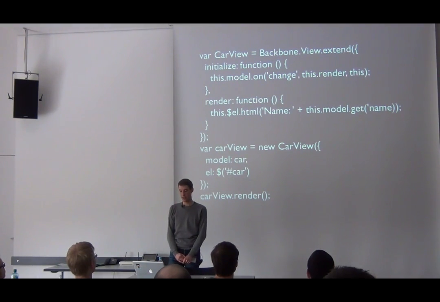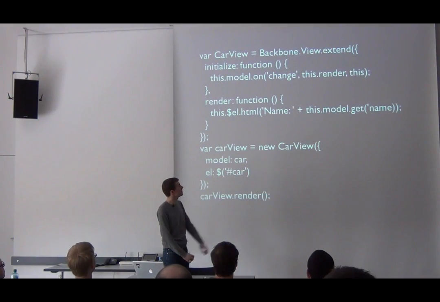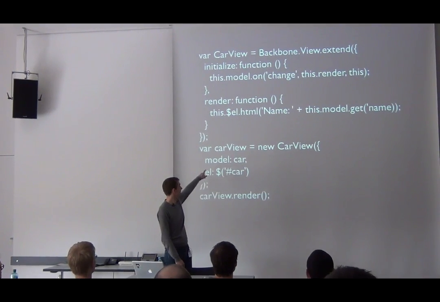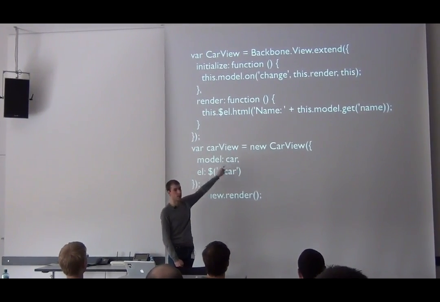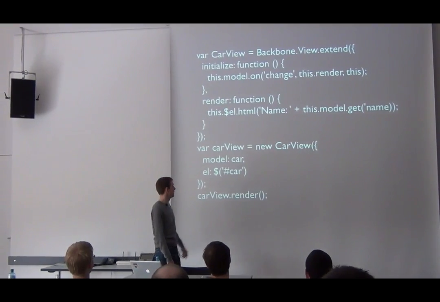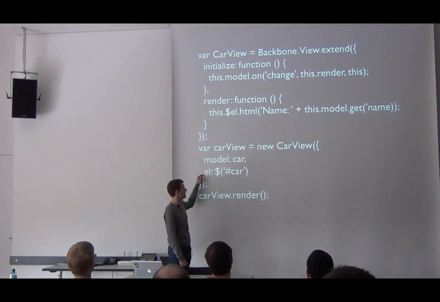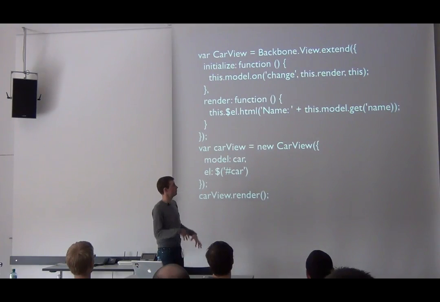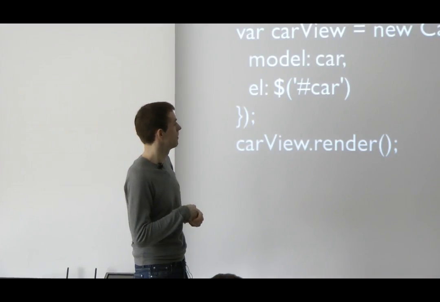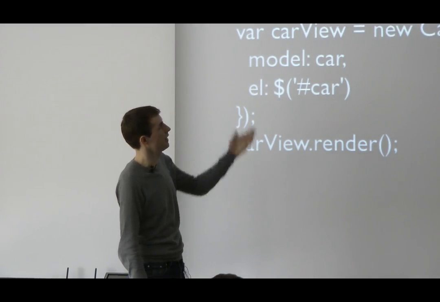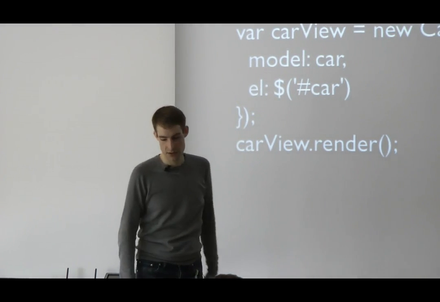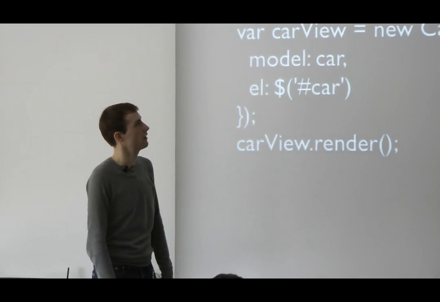Then I create one of these car views, pass the model car which we have created to the view, so the view knows about its model, and then say, please use this element. This is of course jQuery syntax. Use this element to render the view, and then I say render, and what I would see is name is, I think, DeLorean DMC12.